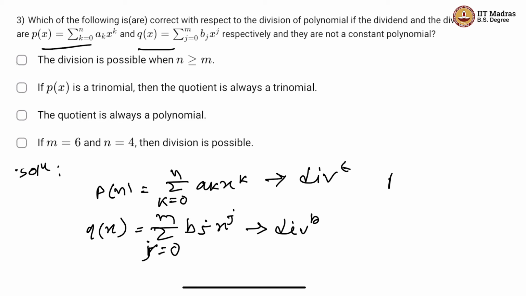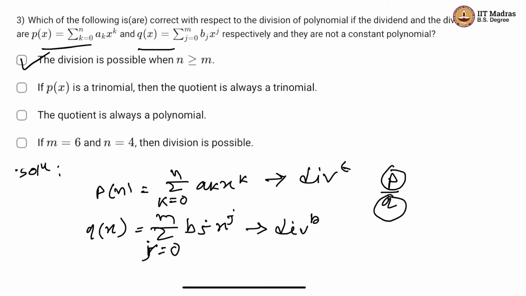So basically we have to check when p by q is possible, that means when the division is possible. So clearly if the degree of p is greater than or equal to the degree of q, then the division is possible, right? That means if n is greater than or equal to m, then the division is possible. That means option 1 is correct.